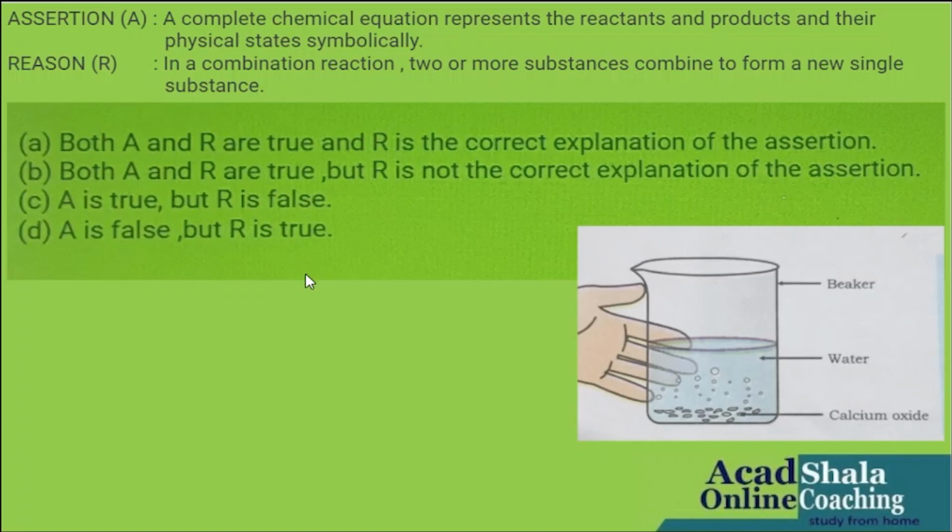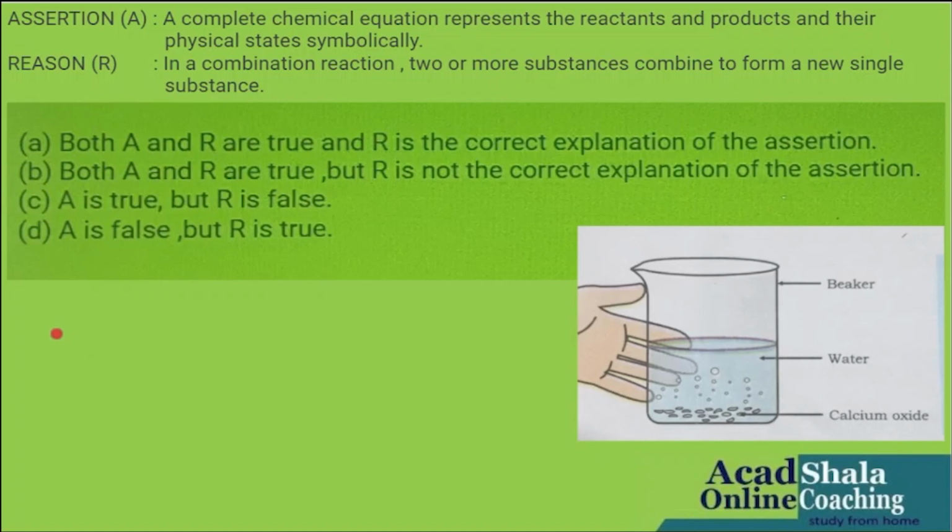Now let us see what these statements are trying to say. This says that whenever we write any chemical equation, it is always represented with the reactant, product, and their physical states. Is it correct or not? Absolutely, it is correct. We have done so many examples also.